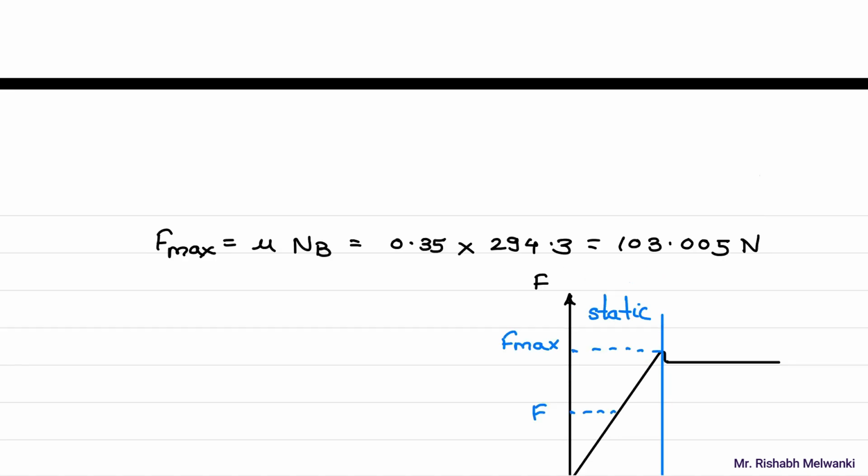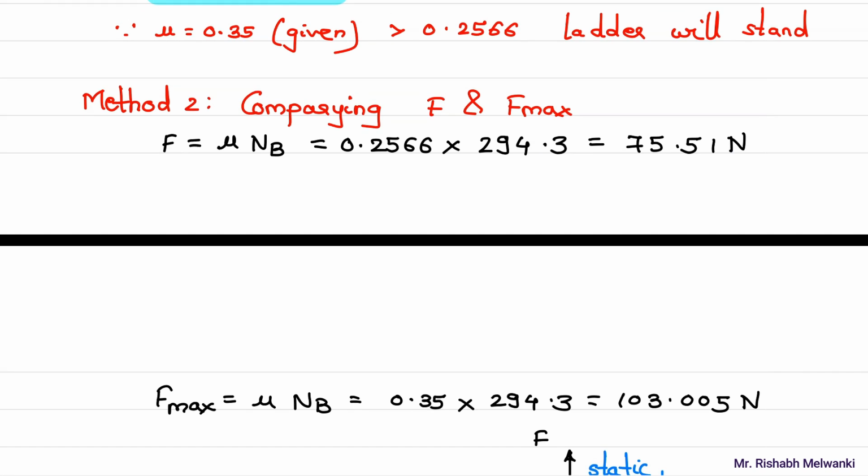So from the given mu, whatever F value we are getting, we have to consider as F max, and the value we are getting, 0.2566 into Nb, is the force right now acting on the ladder.